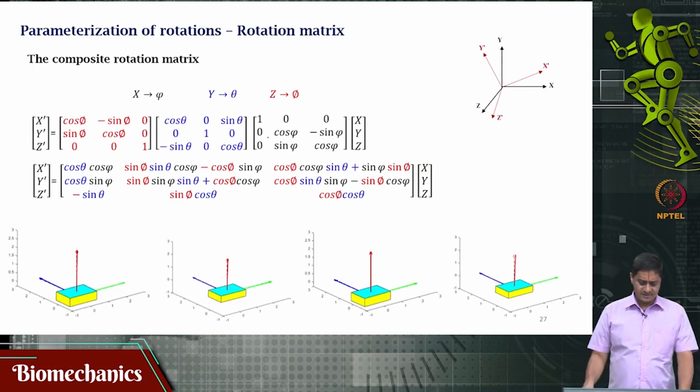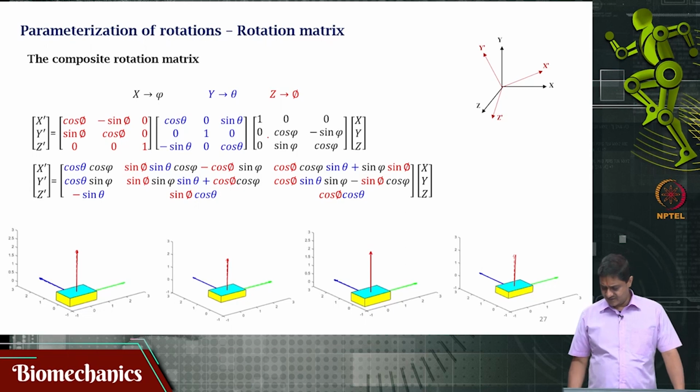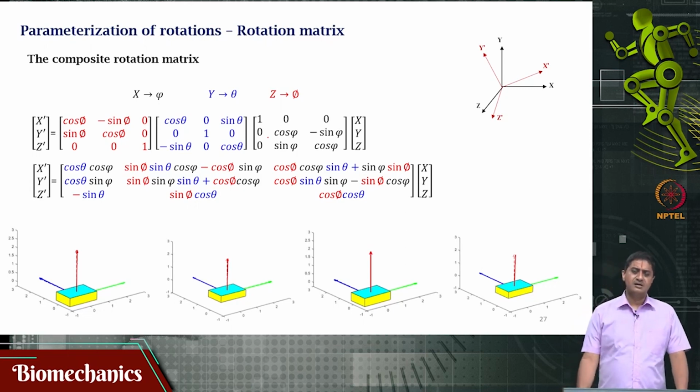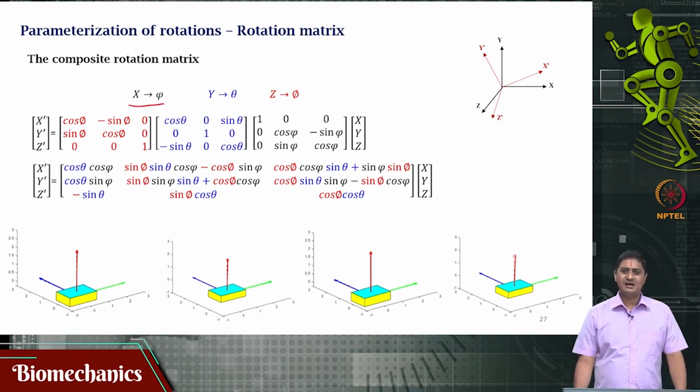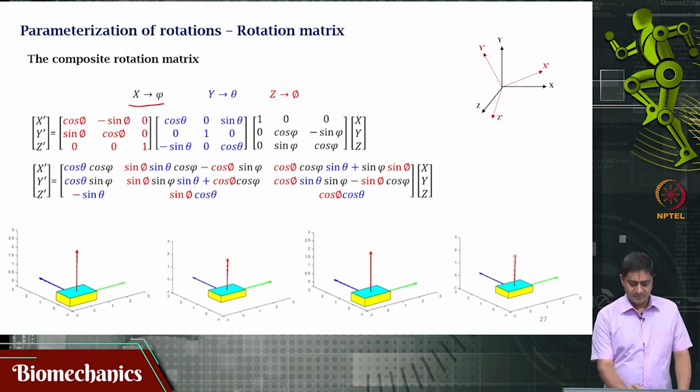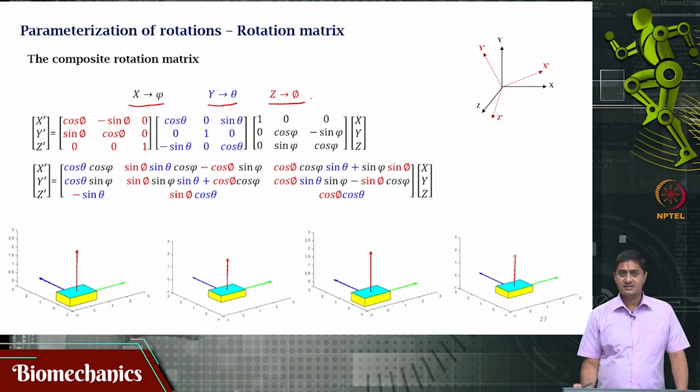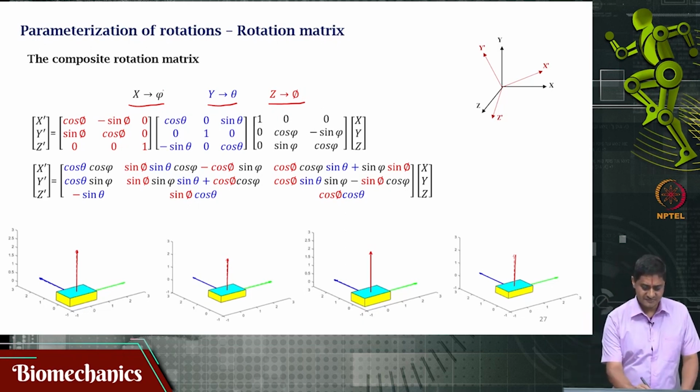Now consider this case where I am having an angle change or a rotation of psi, an angle of psi happening about the x axis, an angle of theta happening about the y axis, and an angle of phi happening about the z axis.